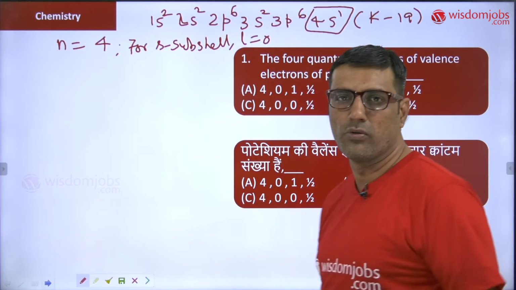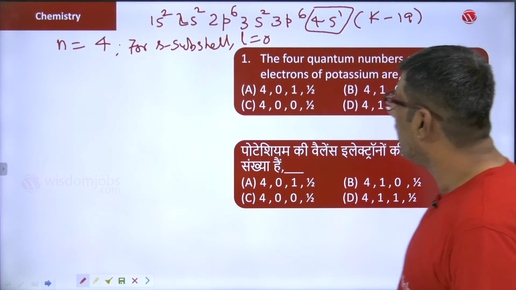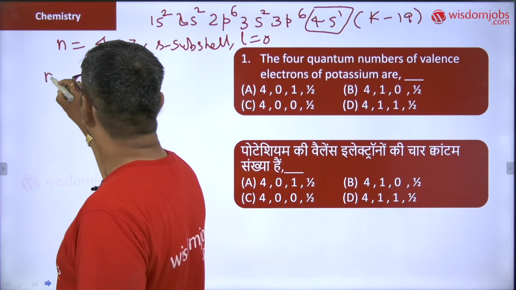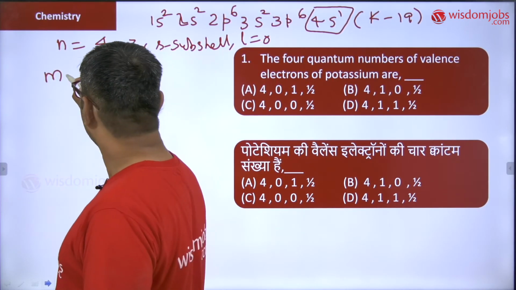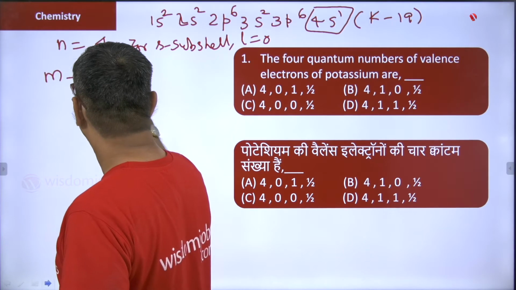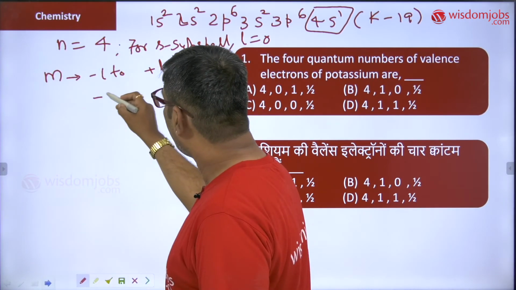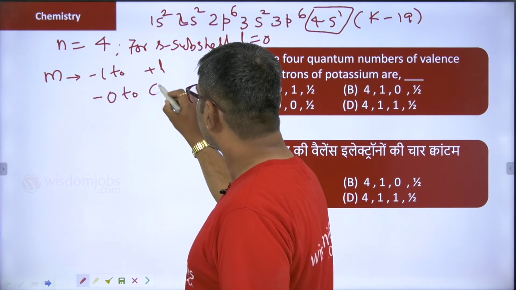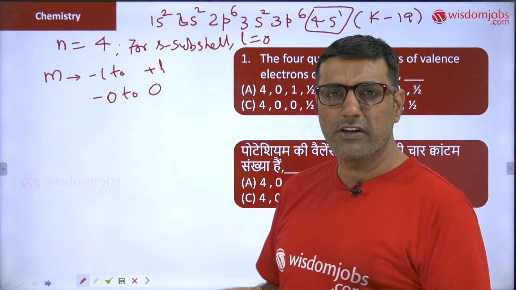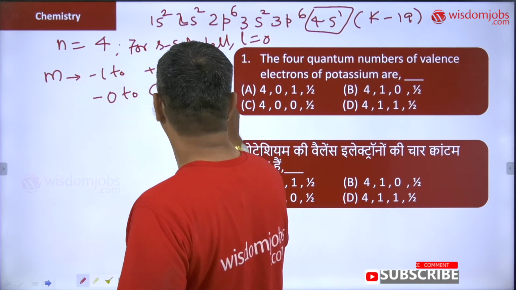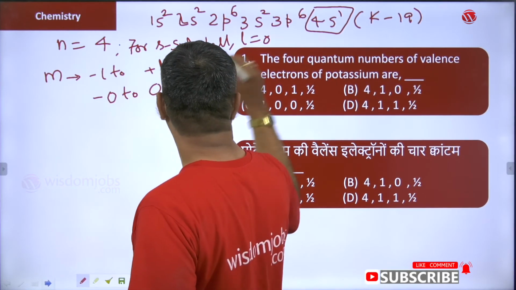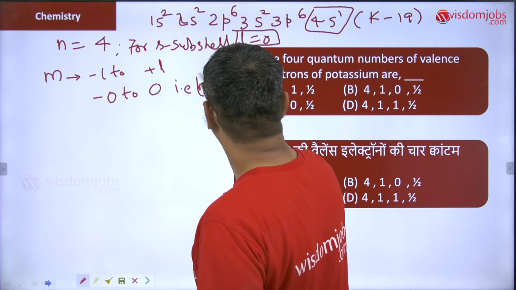And the magnetic quantum number m varies from minus l to plus l. So for l equal to 0, it varies from minus 0 to plus 0. That means it takes only one value, m equal to 0. So l is 0, m is also 0.